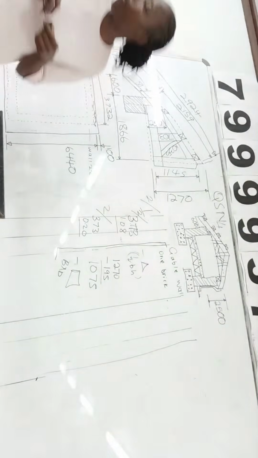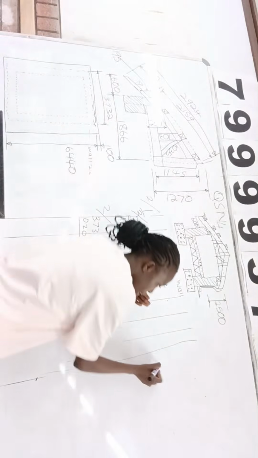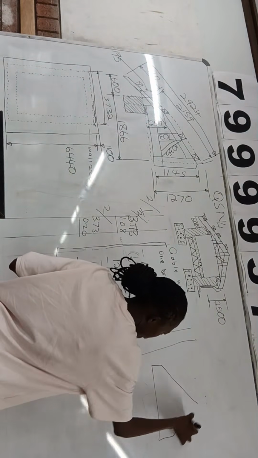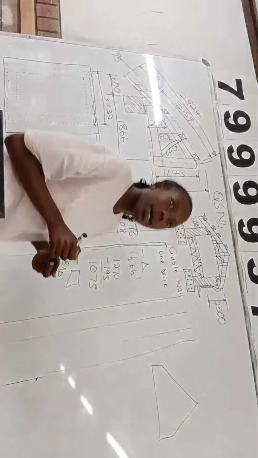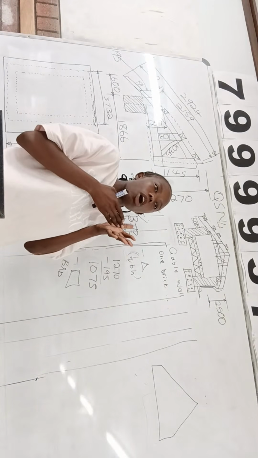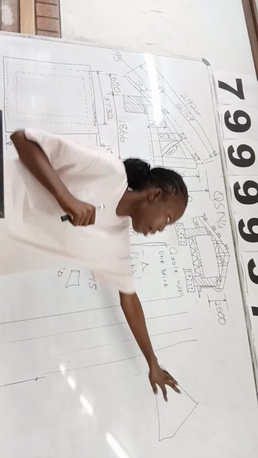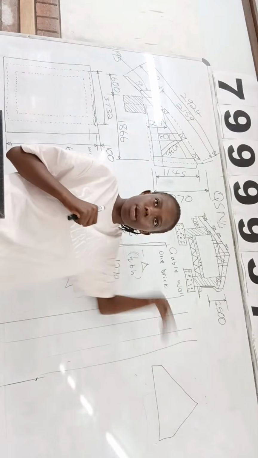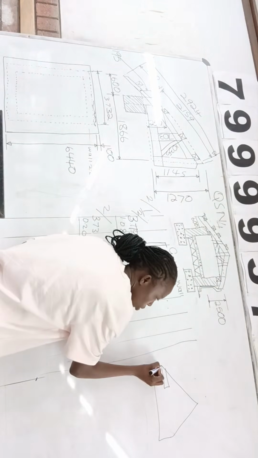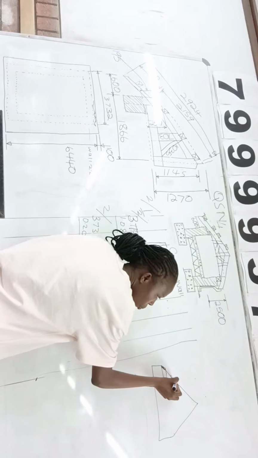Okay, so now we go to raking and cutting. So raking and cutting, we're talking about a gable wall. Again, raking and cutting is cutting off the bricks on your gable wall. Let us check. If we have something like this, remember our gable wall is like that. If you have a 220 wall, a 220 wall will not fit in here.